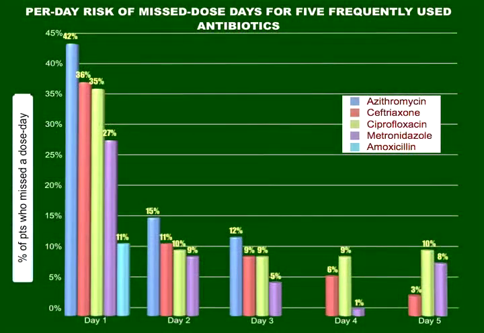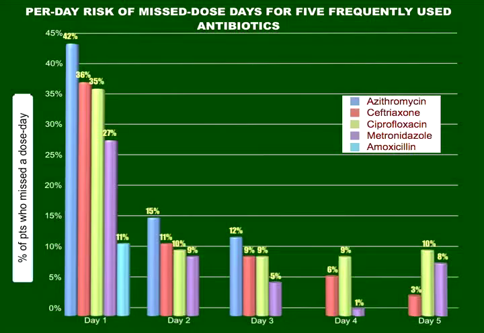So we took the illustration here just to show in this slide that now we have a summary of data for the 5 most frequently used antibiotics. And we show here the per day risk for days 1 to 5. It is clear from this slide that the per day risk of missing treatment was highest on day 1, and which tended to reduce drastically over the subsequent days.